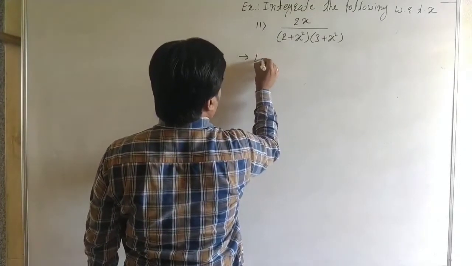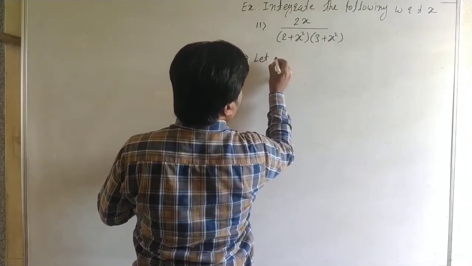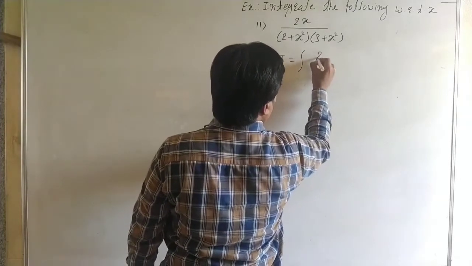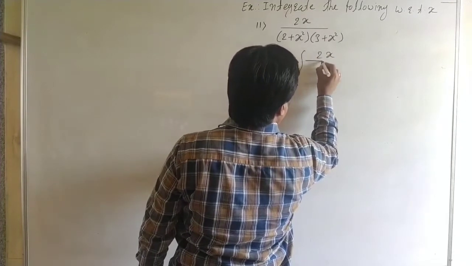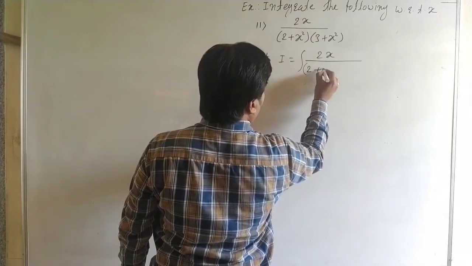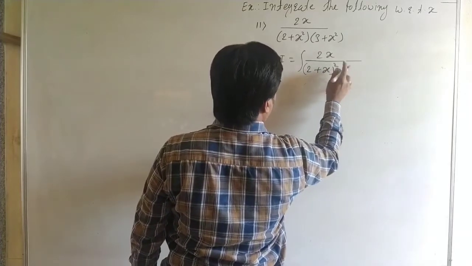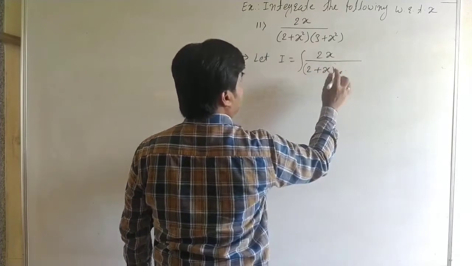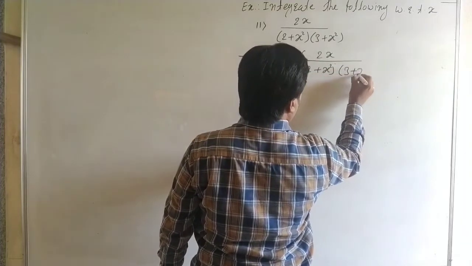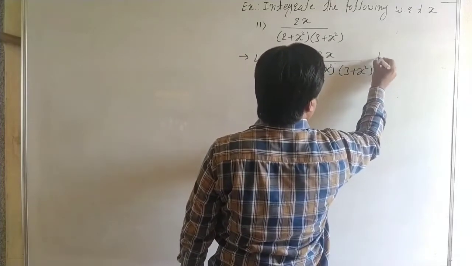Let I is equal to integral of 2x upon (2 plus x square) into (3 plus x square) dx.